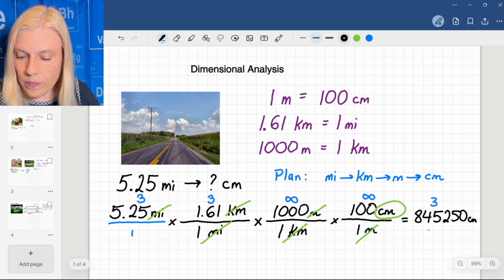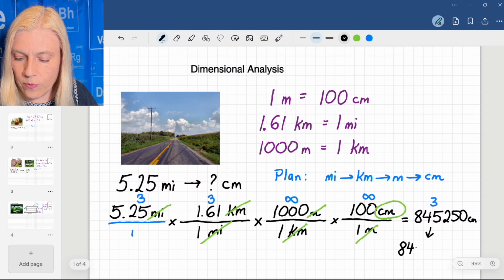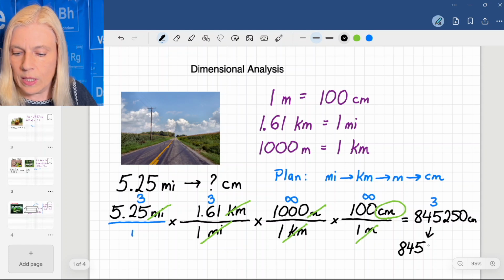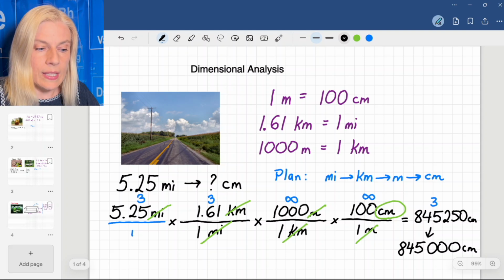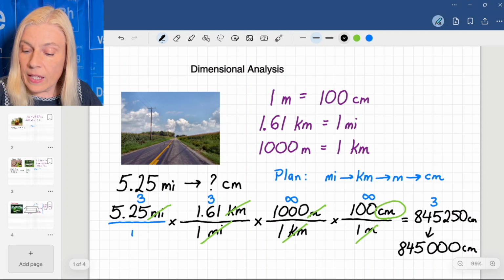So let's go here. It's going to have an 8, 4, 5. And I look, and the digit after 5 is 2. So this becomes 0, 0, 0 centimeters. Yes? So 845,000 centimeters. I can also put this in scientific notation.